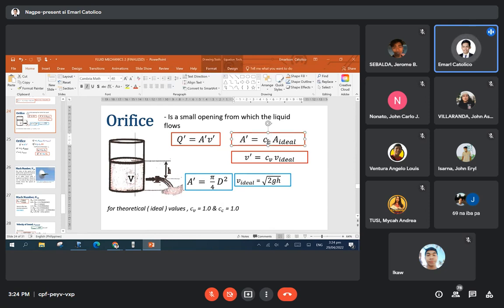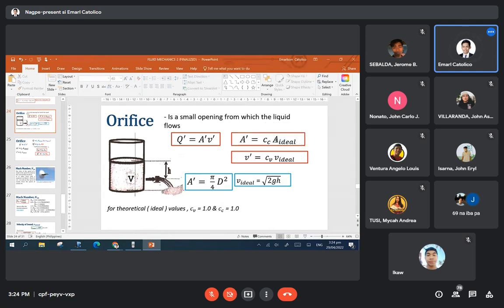So kapag walang given na Cc, automatic area actual is equals to area ideal. Pag walang given na Cc, automatic 1 yan. Velocity prime or actual velocity is equals to Cv times velocity ideal. Cv is coefficient of velocity. Where kalimitang area natin dito is pi over 4 d squared. Velocity naman is square root of 2gh.